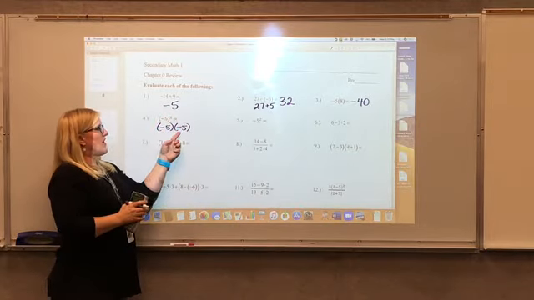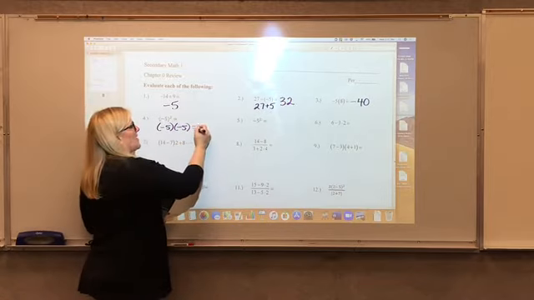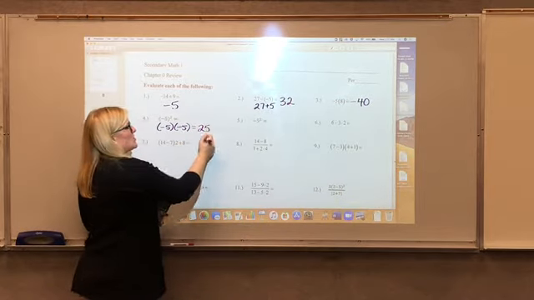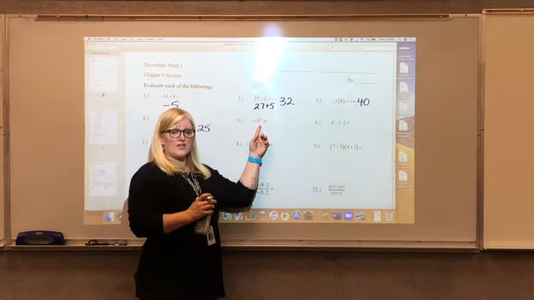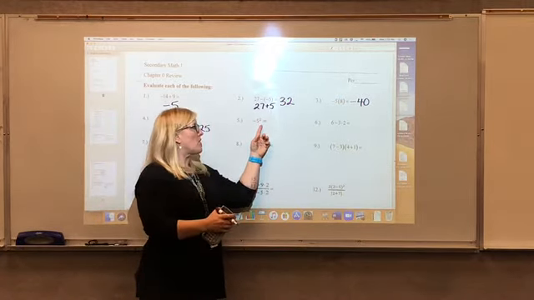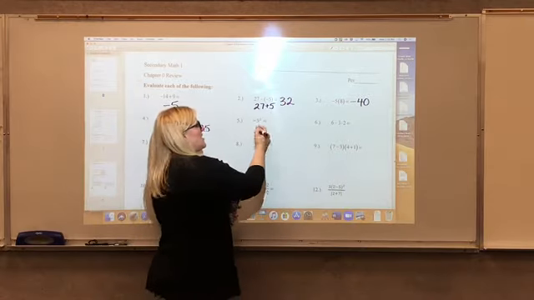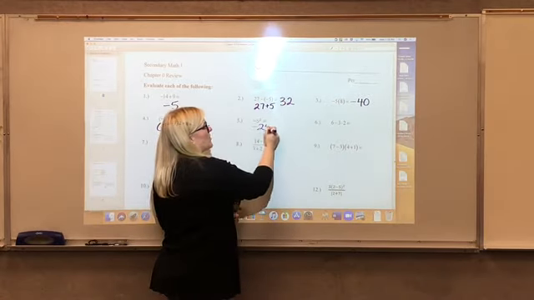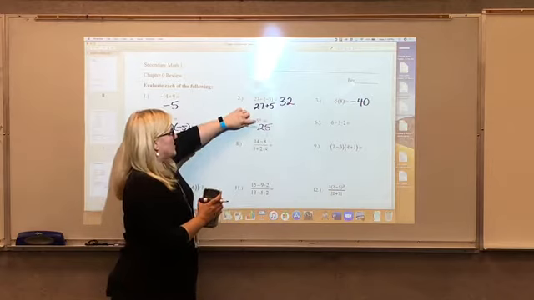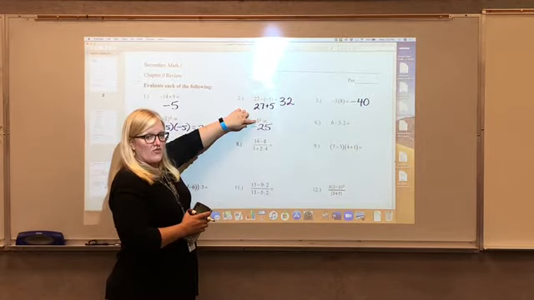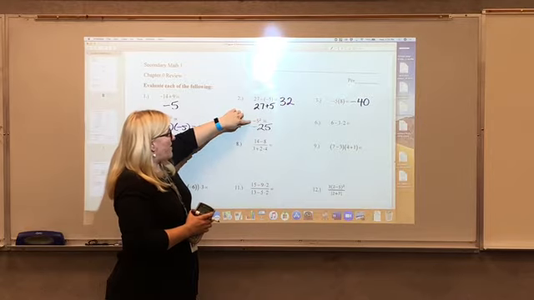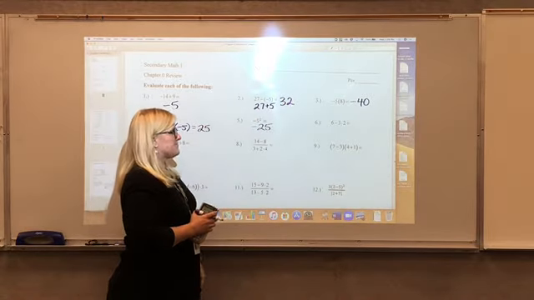And so it's negative 5 times negative 5, and that gives me a positive 25. Now this one, there are no parentheses, so then I go to the exponent, and it is negative 25. Okay, the negative's there, but we have to do the exponent first. So 5 squared is 25, and then we put the negative on it.